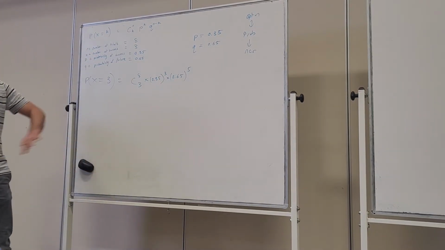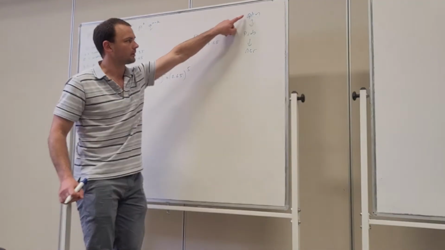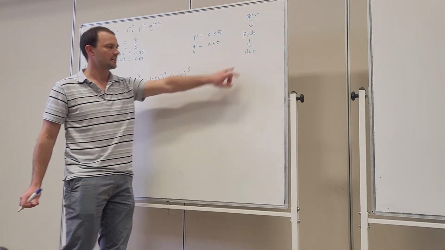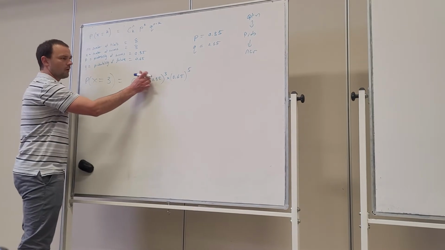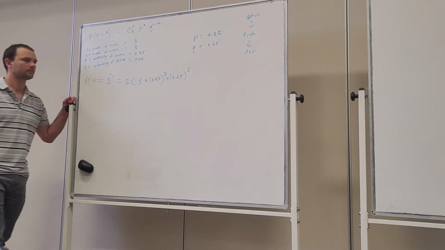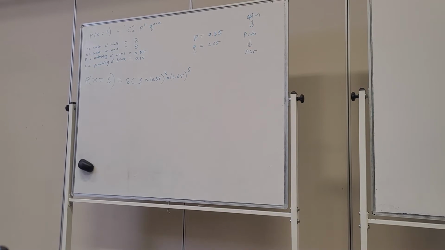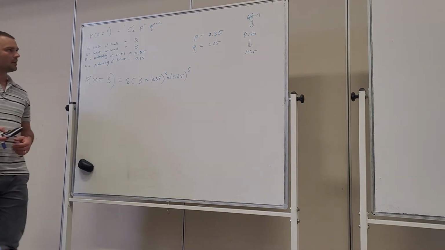And remember, when we put C into our calculator, here's the instructions on how we bring it up. We get option, prob, nCr, and the way we put it in our calculator is we would put 8C3, times 0.35 to the power of 3, times 0.65 to the power of 5.